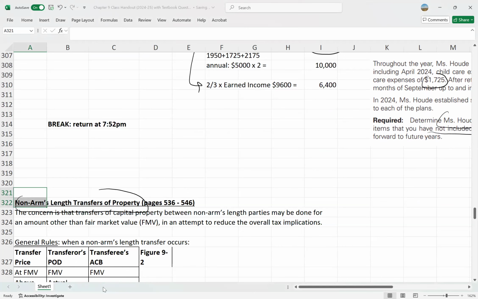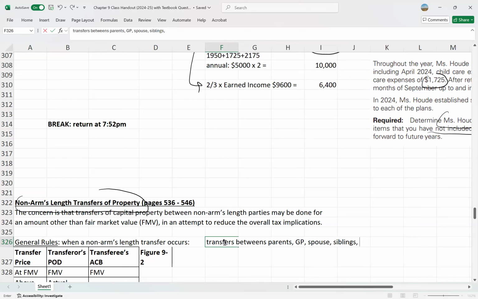But if you're arm's length, that means you're not close to that person. So when we talk about non-arm's length transfers, we're basically talking about transfers between related individuals. So transfers between you and your parents, your grandparents, your spouse, your siblings, your children, and grandchildren.